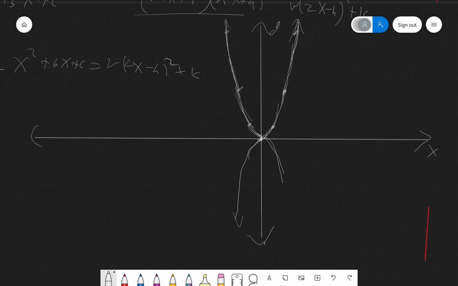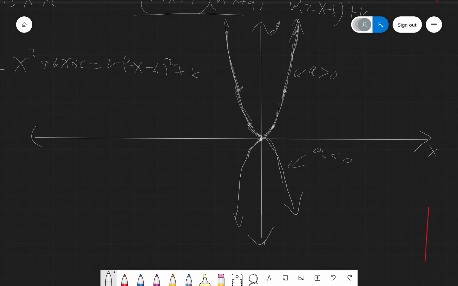It'll be flipped over. It's usually a downward opening parabola when a is negative. It's usually an upward opening parabola when a is positive.